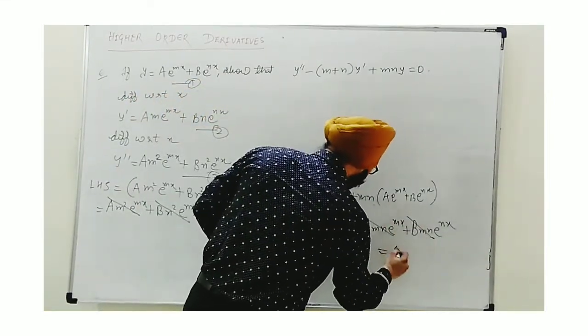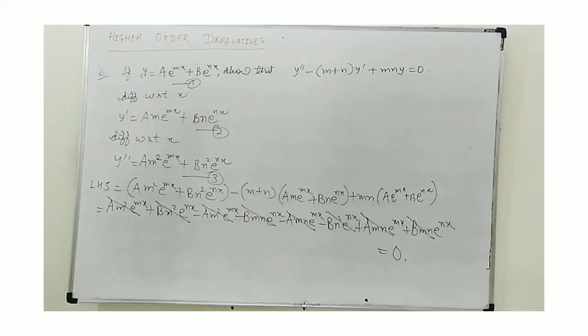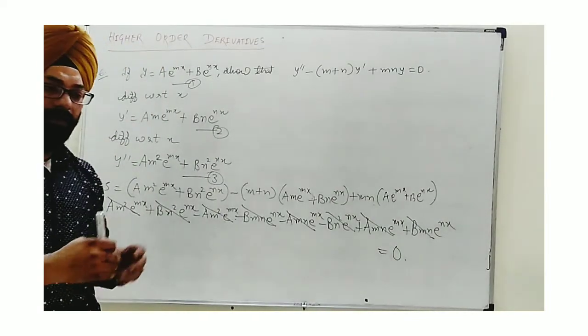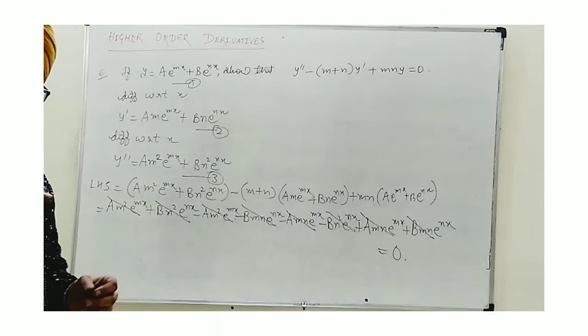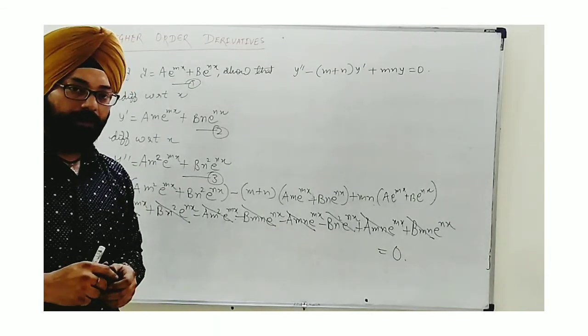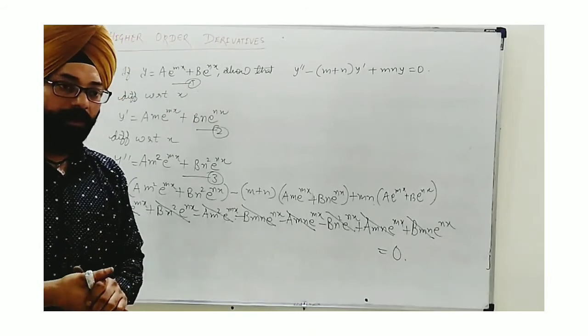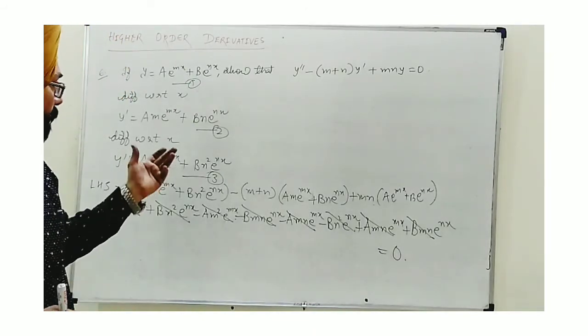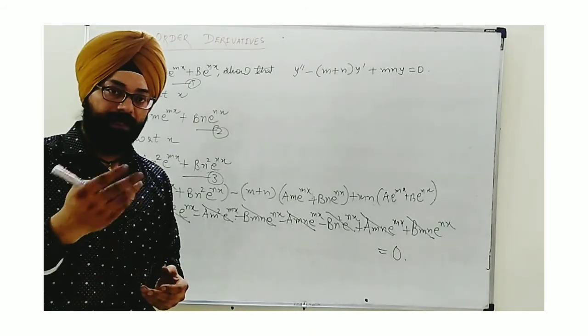We are finally left with 0, the RHS. So whenever you are given a function based on exponential function e, this type of steps should be followed. I hope so far you have understood and all these things are clear. So this is higher order derivatives.